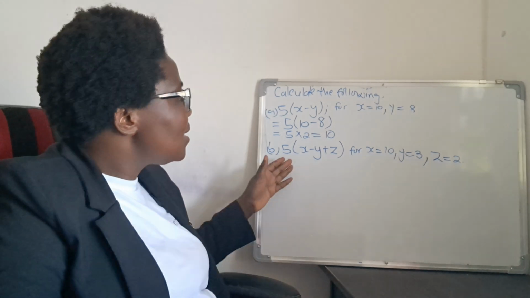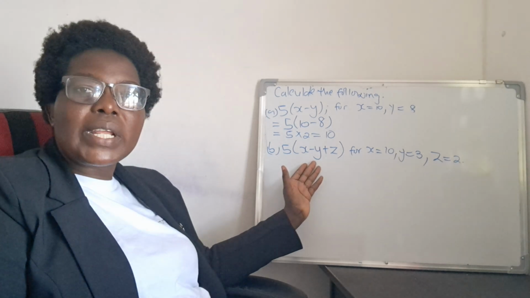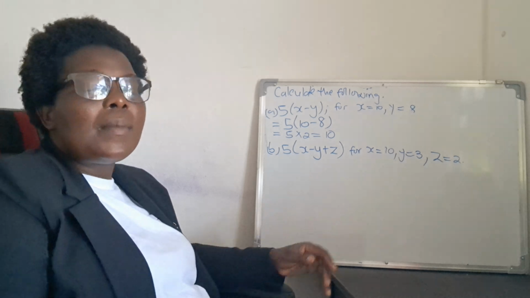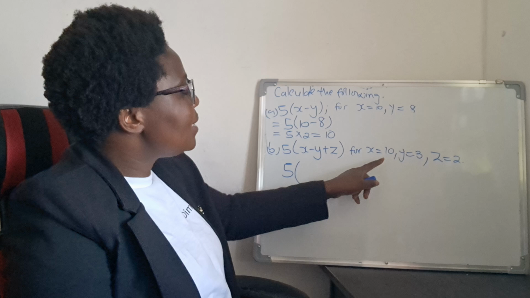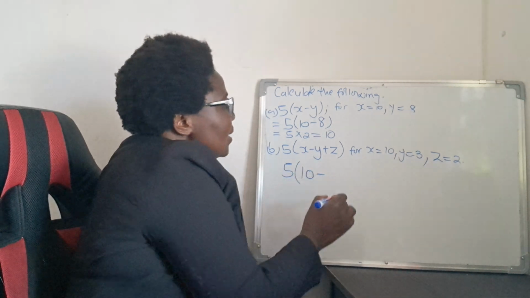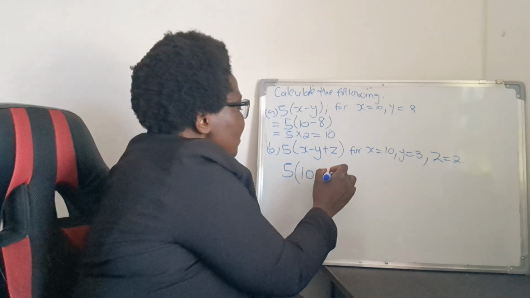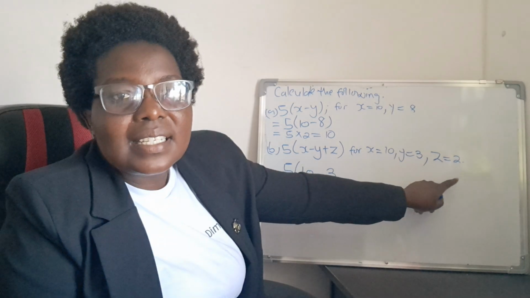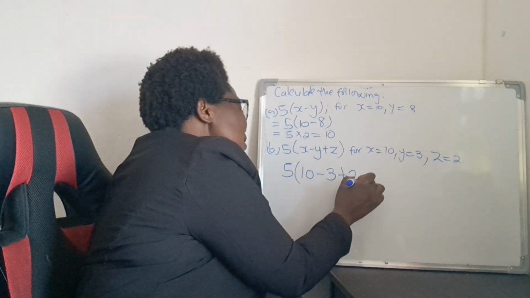Okay, so let's see if you have understood that. In this second expression, we have 3 missing values, but actually our x is also represented by 10. So you take 10, you replace your x. You also take the value of y, you replace the y value with 3, and our z is equivalent to 2. So we're going to say plus 2.